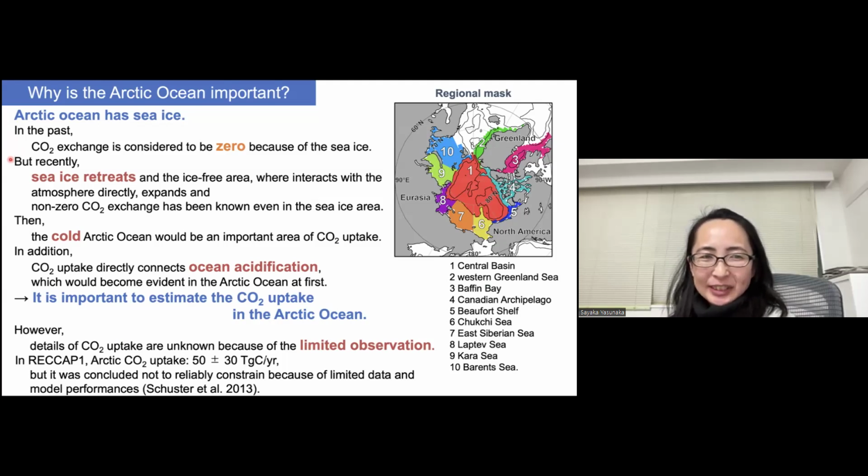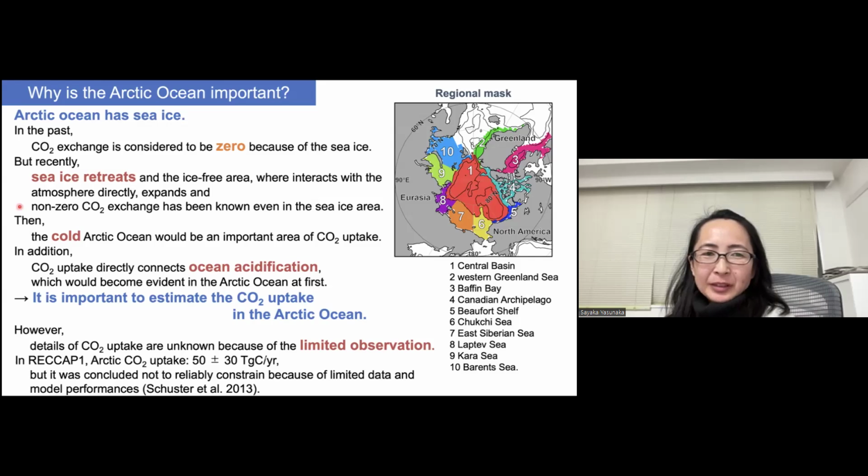But recently, the sea ice retreats and the ice-free area expands. And if there is no sea ice, the ocean without sea ice can interact with the atmosphere directly. So maybe it is important.